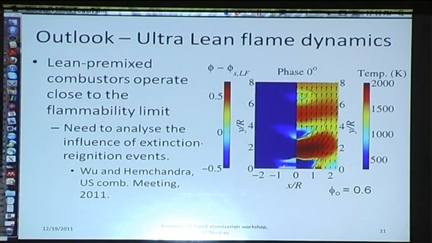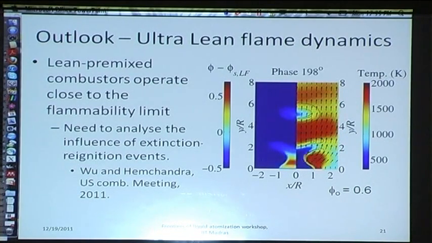And you can see that even corresponding to these blue regions, you get these holes that are forming. These contours represent consumption rates of methane, so you can see that there are breaks in the methane consumption. Now, how would you model this within a reduced order model? I'm not entirely sure yet.